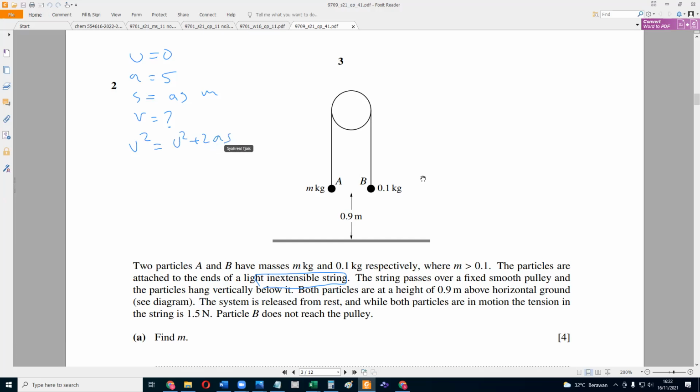Yes, very good. After this, all you need to do is just put the numbers in. So it's going to be 0 squared plus 2 times 5 times 0.9. It's going to be 9. So V is 3. So the particle A is going to hit the ground here with the velocity of 3 meters per second.